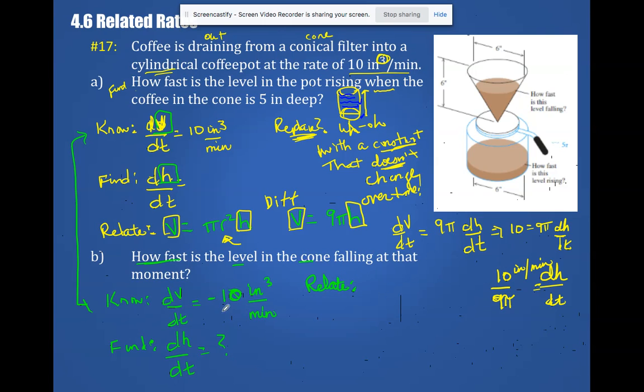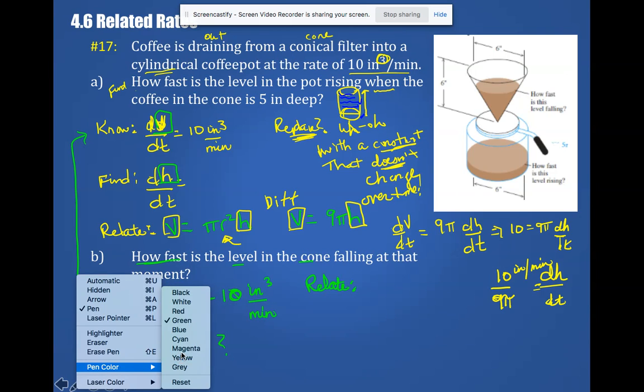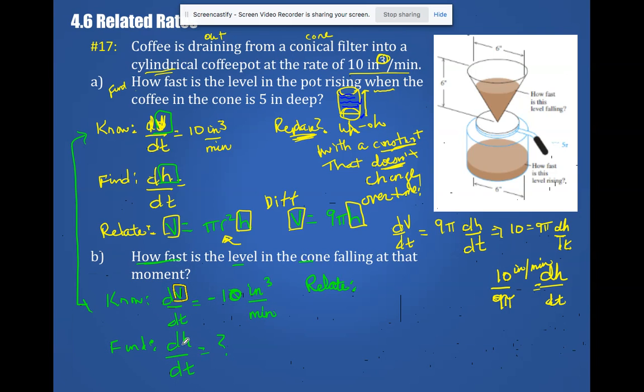What is the equation that relates volume and height of a cone? Hopefully this is now old news. You have your factor of a third pi r squared h.